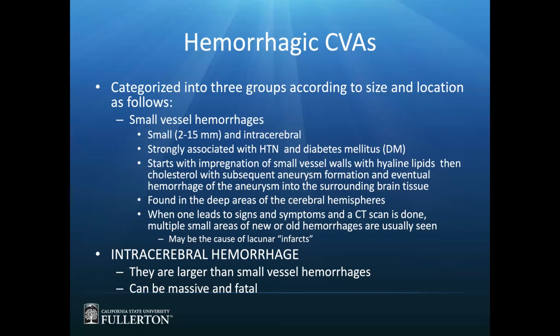And they're referred to as lacunar infarcts, but they could actually come from the hemorrhagic process I just described, in which case they're not infarcts, as you'll see when we get to the next type of stroke. The next type of stroke is referred to as infarctions, and they're strokes caused by deprivation of blood supply, or ischemia. So when they see these little bubbles, they don't exactly know if they came from hemorrhages or if they came from little areas of ischemic damage caused by a blockage.